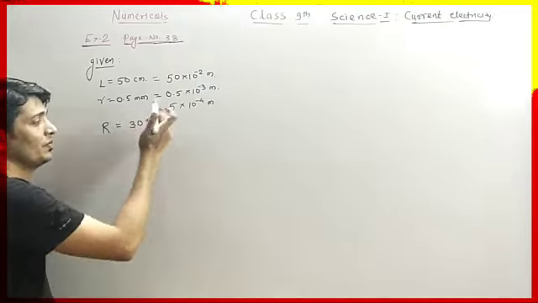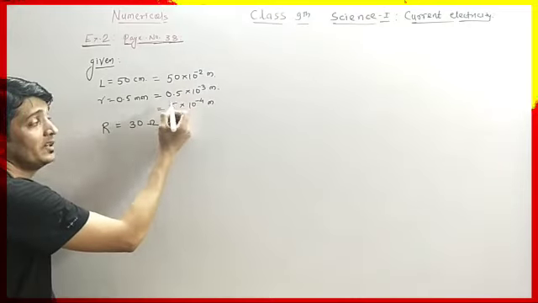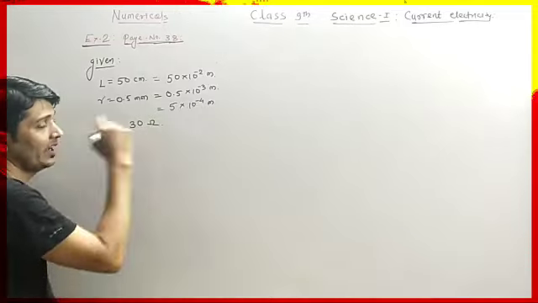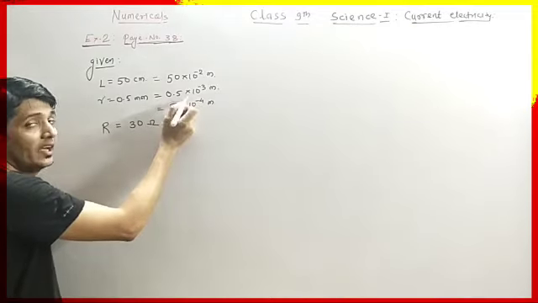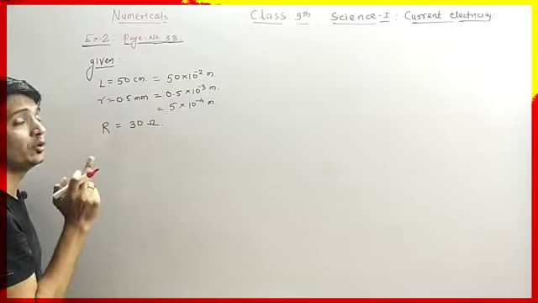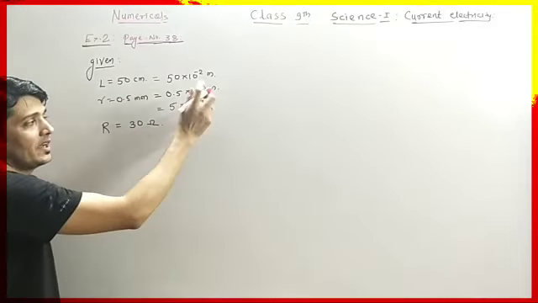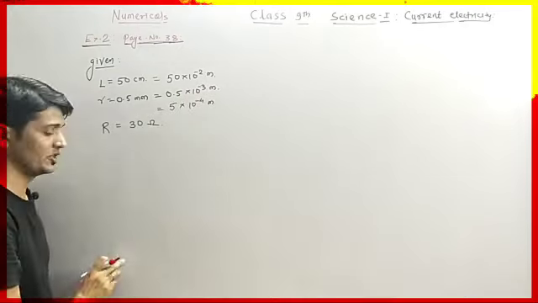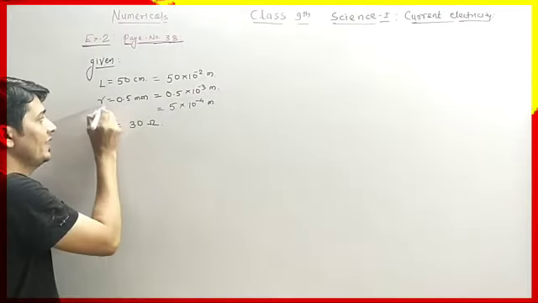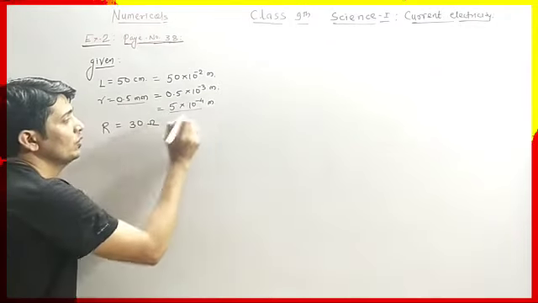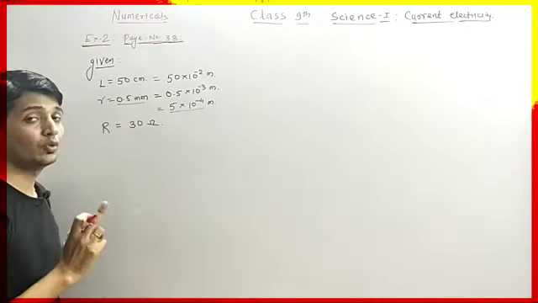So 0.5 can be written as 5 into 10 to the power minus 4 meter. We shifted the point here, so we have to divide again by 10, and the power of 10, when we bring it into multiplication, will come as minus. So we can say that 0.5 millimeter equals 5 into 10 to the power minus 4 meter.